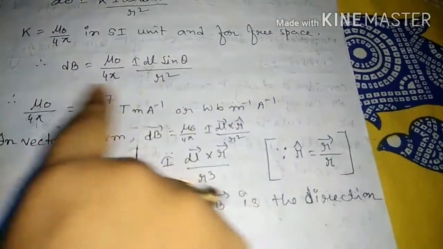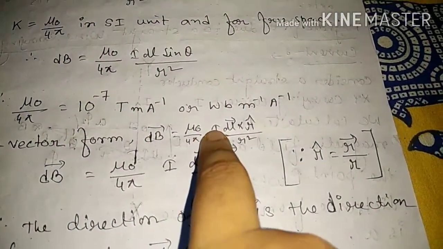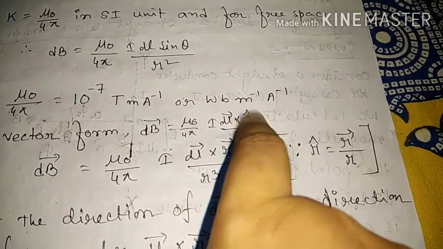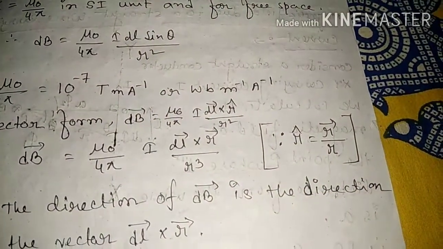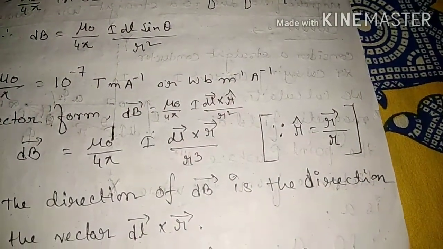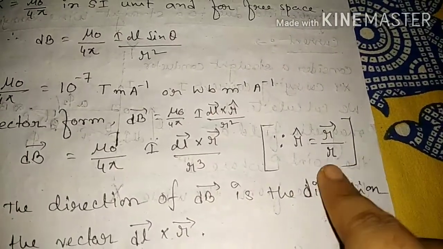So we can write this expression this way: dB equals mu 0 by 4 pi I dl cross r hat by r square. Because whenever we use a vector form, a unit vector also has to be there, which gives us the direction of that vector. And a unit vector equals that vector divided by its magnitude.